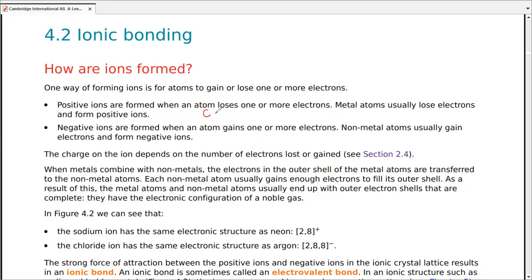What I'm trying to say, and what you might need to write, is that cations are smaller than parent atoms. This is something we explain in detail in chapter 2.